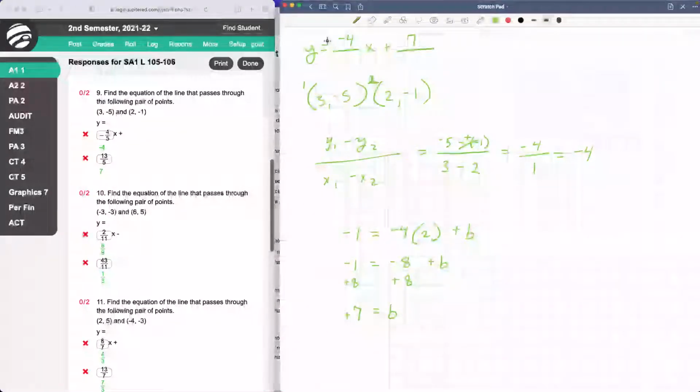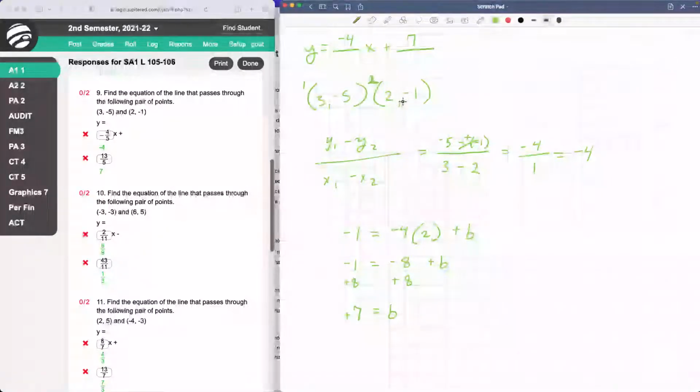And this is how you would solve for the linear equation for that particular line with those points. First you find the slope, put it next to x. Then you pick one of these points and sub in for the y value, which was the -1, and then the x value, which was 2, from this point here. You can pick either point, whichever one you think is going to be easier to solve with.